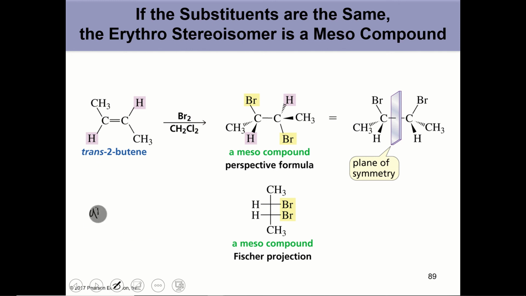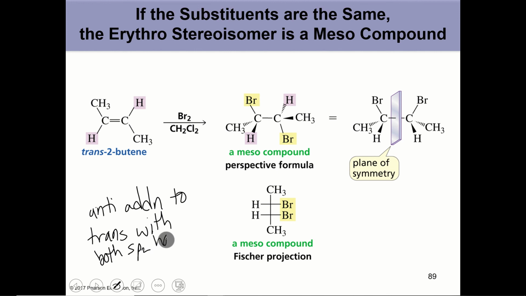Anti-addition to trans with both sp2 carbons having same groups makes meso.